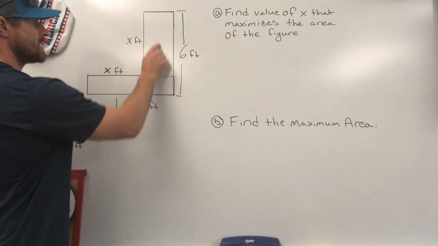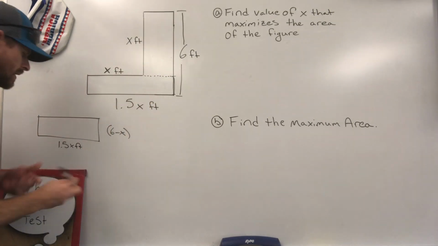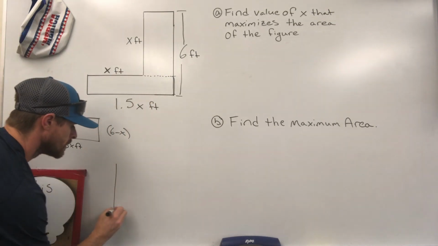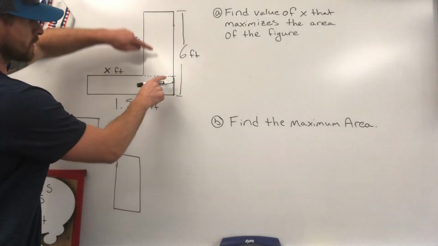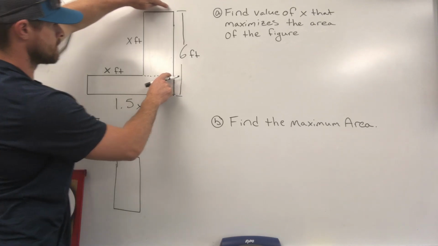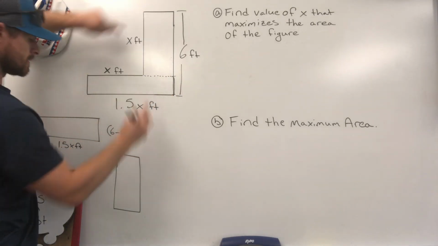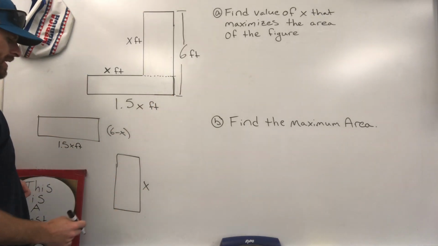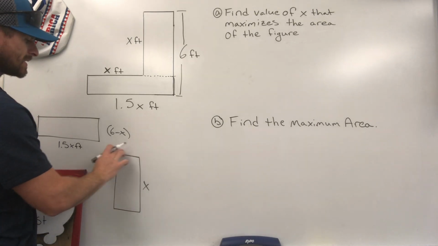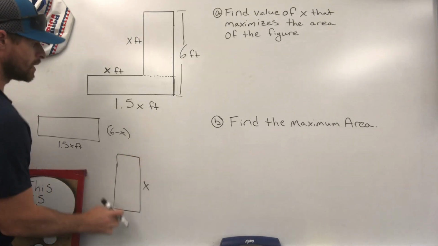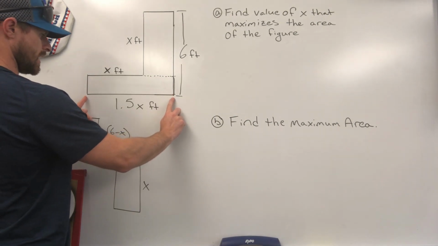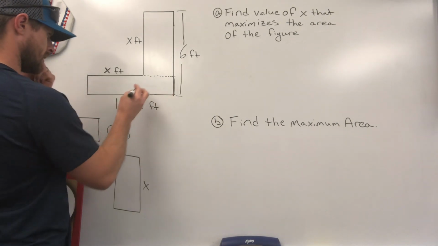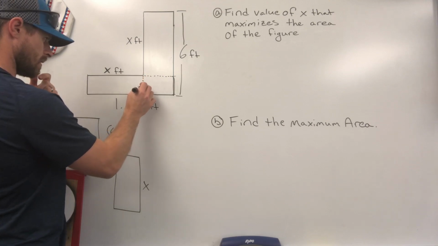We still have this rectangle to deal with, so we're going to write that down over here. So I'm going to draw a more vertical rectangle for us. We know the distance from here to here is x, so I'm going to label that as an x. But what's my distance on top, my distance on bottom? Well, that would be using this total length, 1.5x, but we've got to stop it right there.